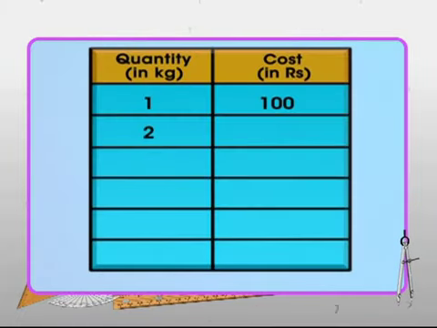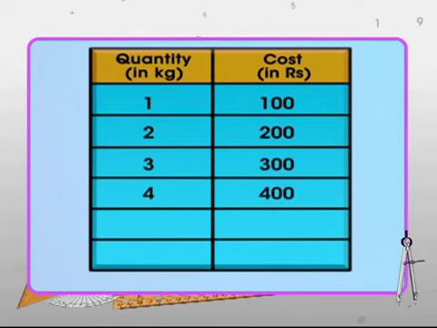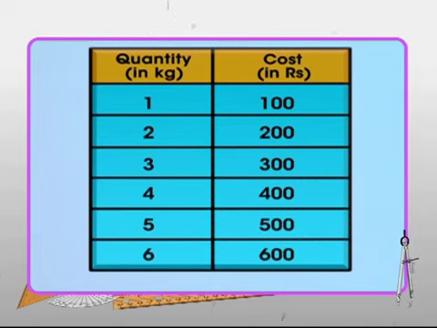So for 2 kg of apples, the price will be rupees 200. For 3 kgs, it is 300, and so on. In this data, the quantity of apples is the independent variable and price is the dependent variable.